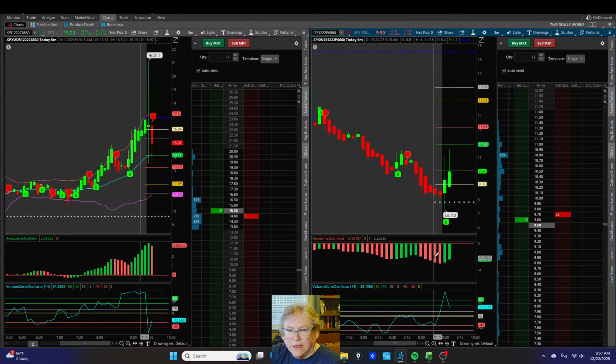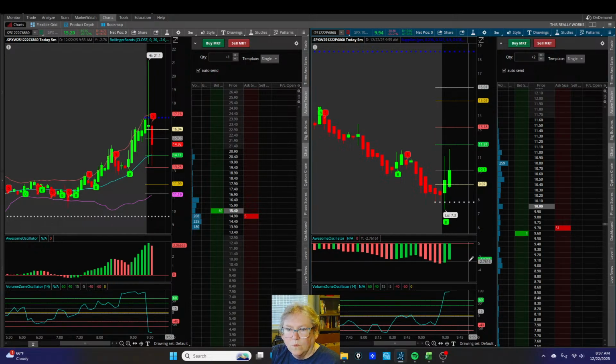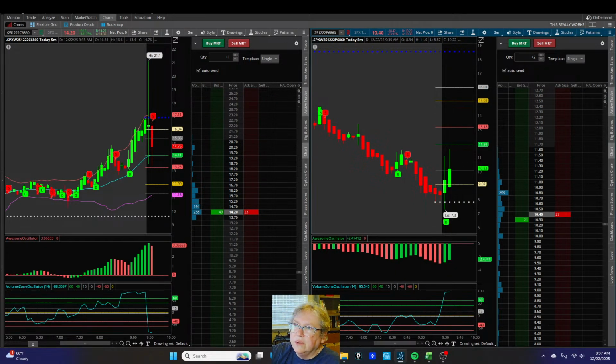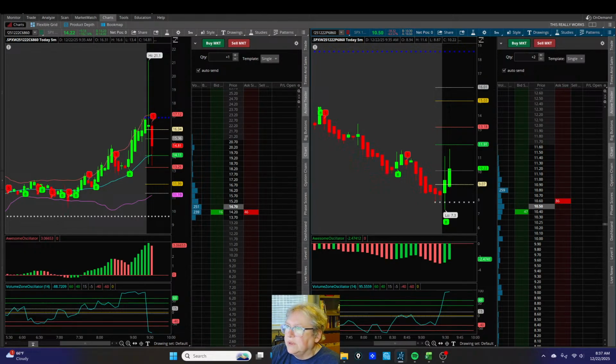The awesome oscillator is below 0 and it is green. The volume zone oscillator appears to be going up. I want to look at the TradingView and see what that looks like.